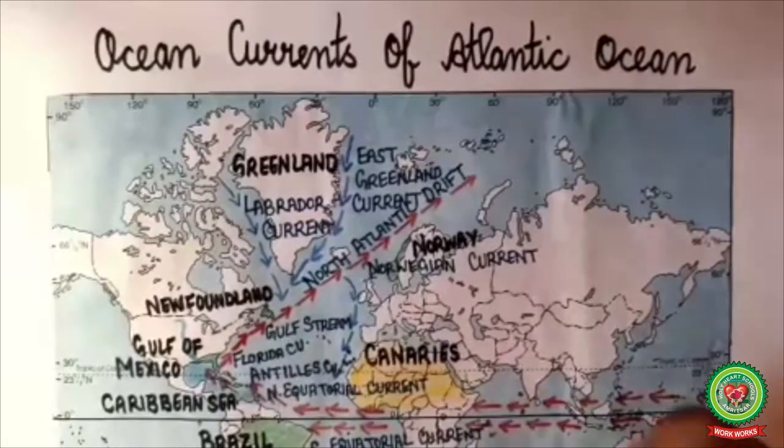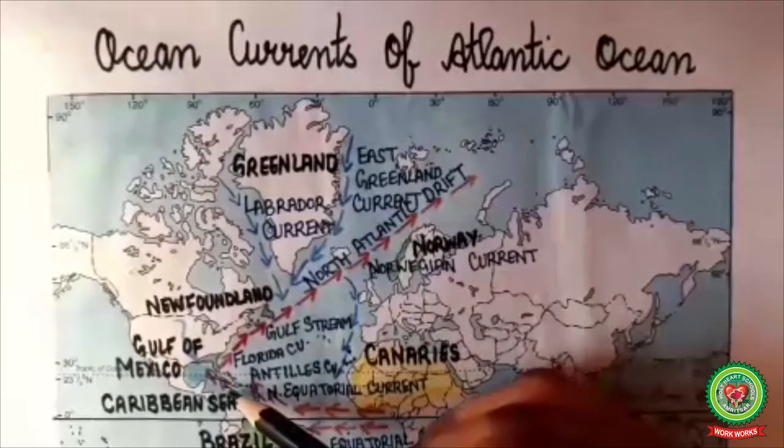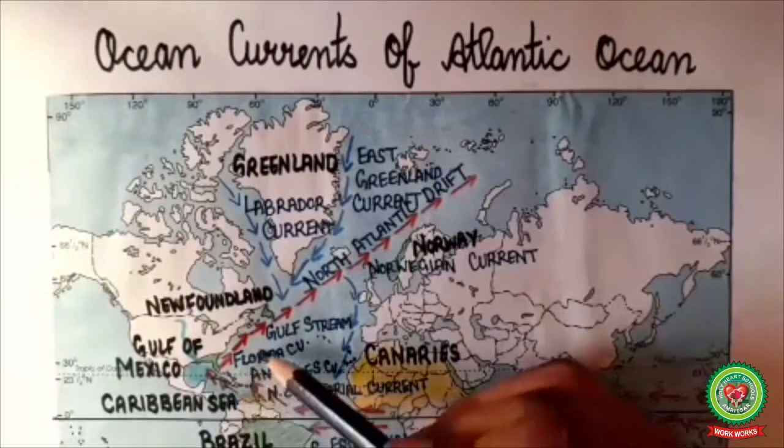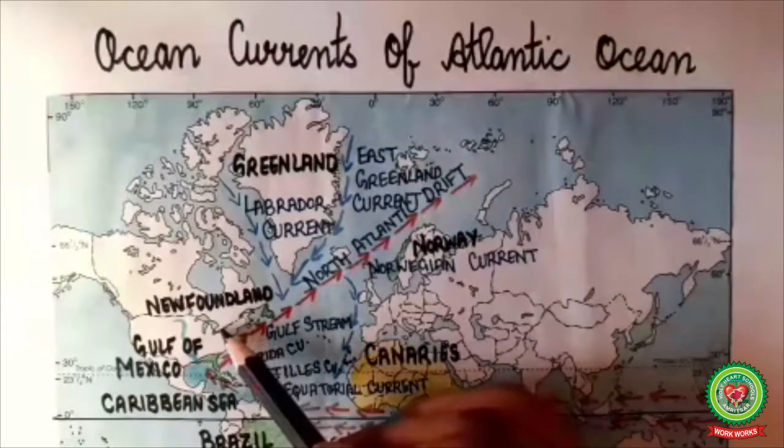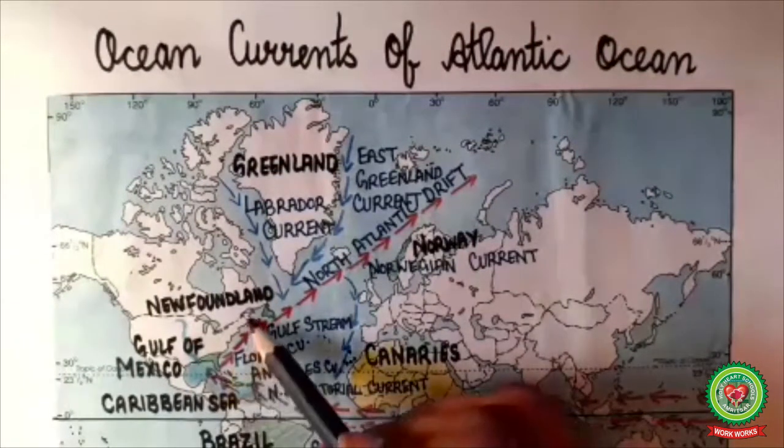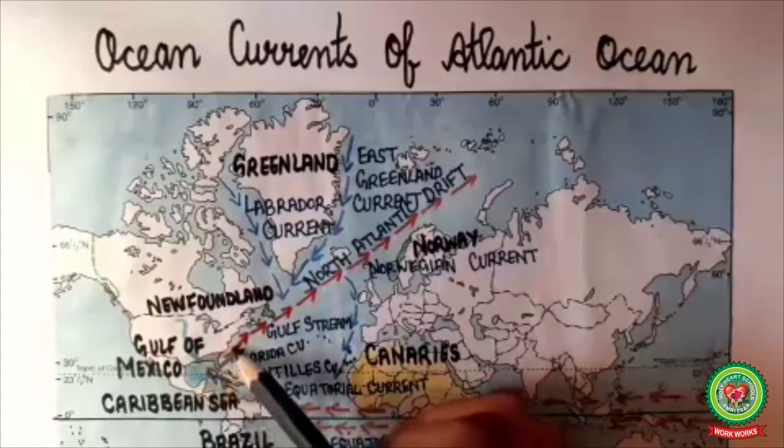Due to the warm Antilles, Florida and Gulf Stream, the eastern coast of North America, mainly the USA, receives heavy rainfall.